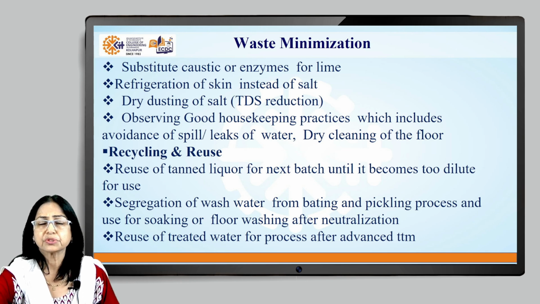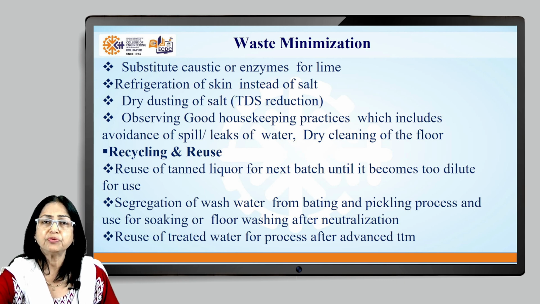Recycling and reuse have good potential. The spent tan liquor, you can make up its strength, and then instead of throwing it, you can reuse it for the next batch of tanning.